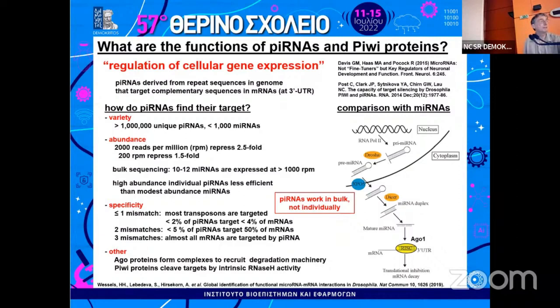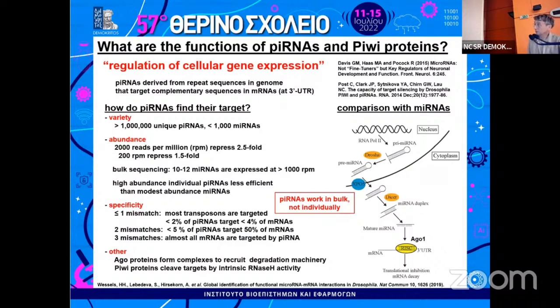The piRNAs may have a large number in bulk, but as individual sequences, their expression can be quite limited. And this is important because you need expression at least of a certain level to achieve repression. And so the question is then if individual piRNAs can have a high enough expression level to mediate silencing.